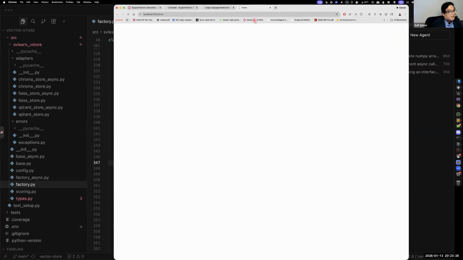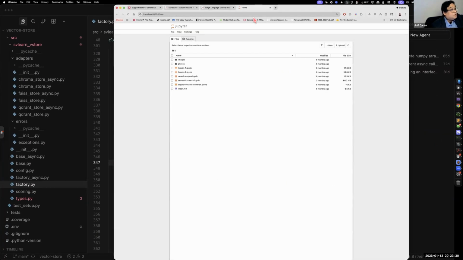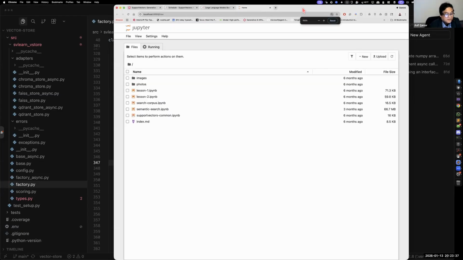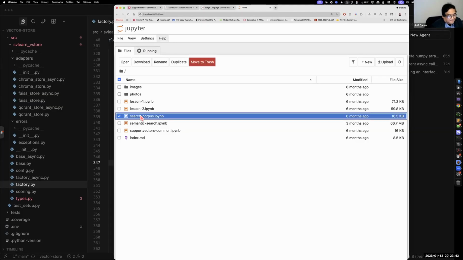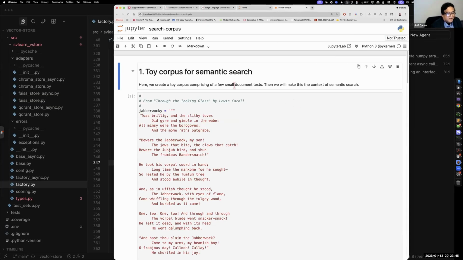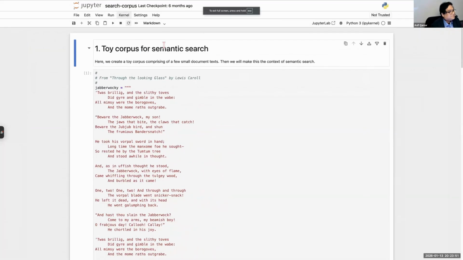All right. How many of you are familiar with Jupyter notebooks? Almost all of you. So we'll take the Jupyter notebooks route. I'll take a very simple corpus. I took a corpus of, I believe, 16 documents. Very, very different documents.